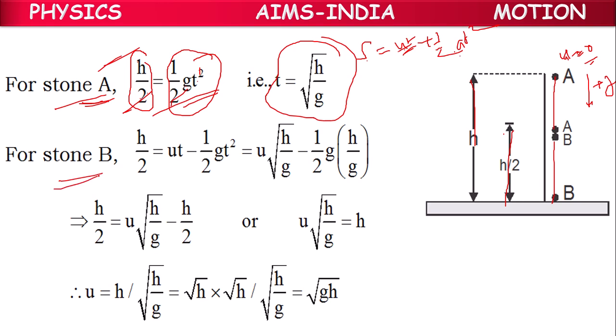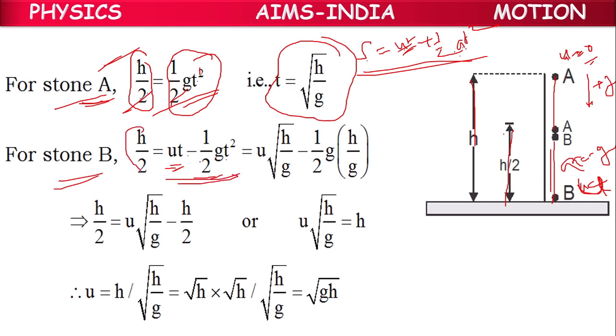For stone B, same formula, S equal to ut plus half at square. But while throwing it up, we have to throw with some velocity u, and it is going up. So a value to be taken negative, minus g, because it is going up. So in ut plus half at square, u value we will keep, half a value minus g we will keep, minus half gt square it will become.